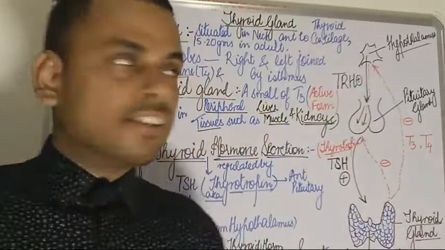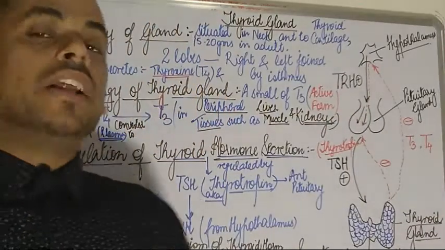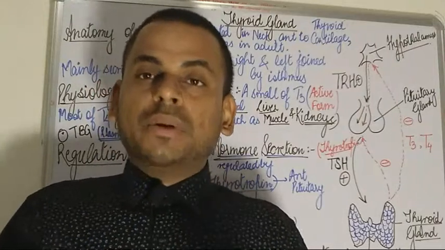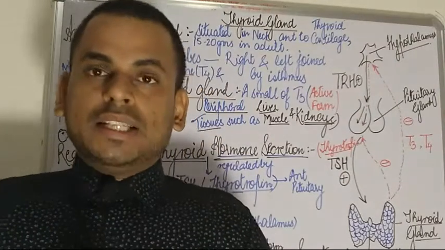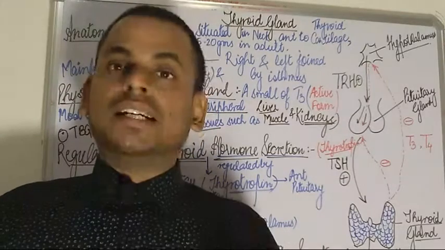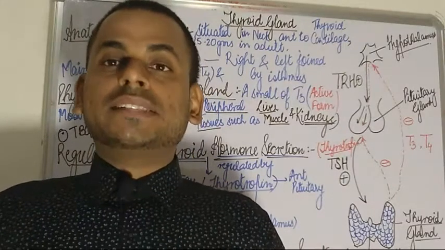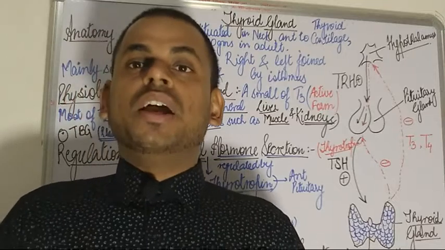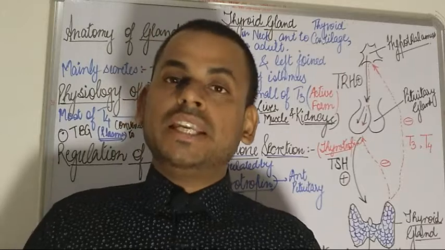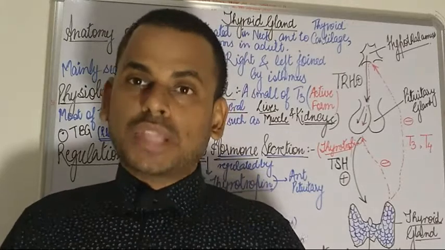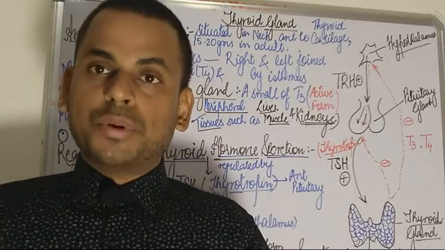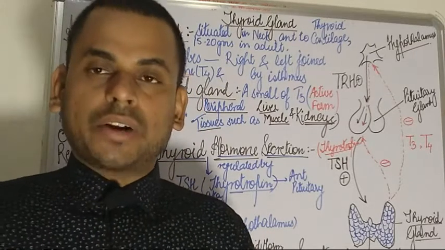Looking at the physiology of the thyroid gland, it basically secretes two hormones. The first hormone is thyroxine, that is T4, and the second, most important hormone is triiodothyronine, which is T3. These are the main hormones released by the thyroid gland.